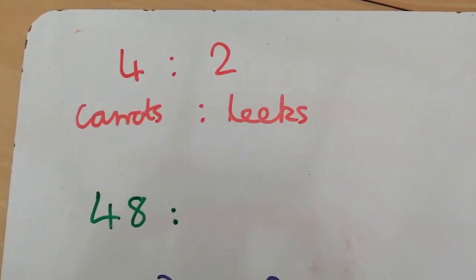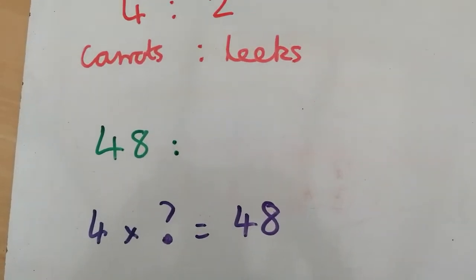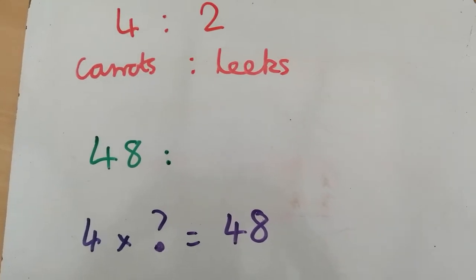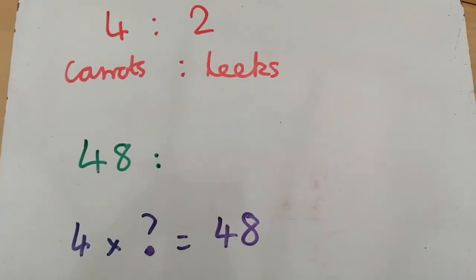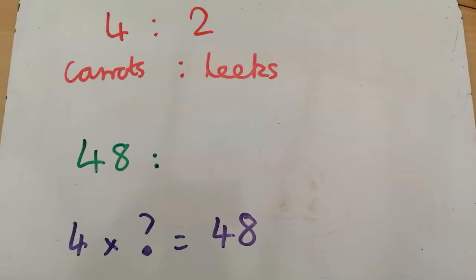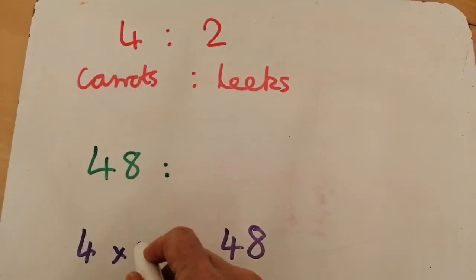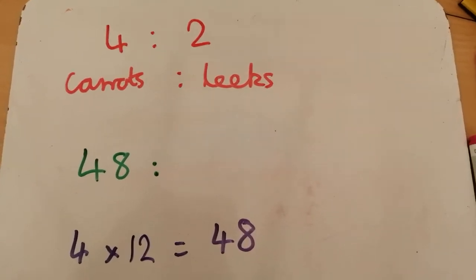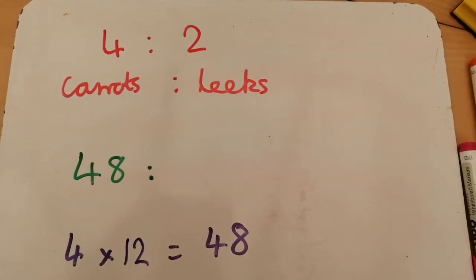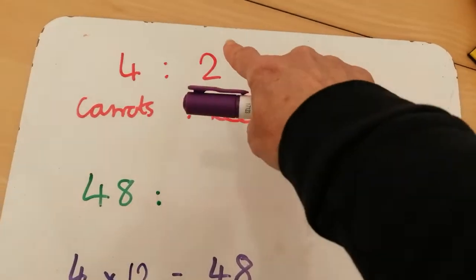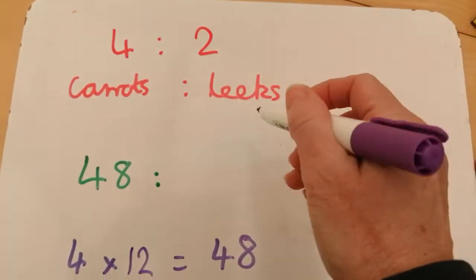So to work out how many leeks, we need to know what you have to multiply 4 by to get you to 48. And obviously, as you know your times tables, you know that that's going to be 12. So in order to get the other side of the ratio, we need to multiply 2 by 12.